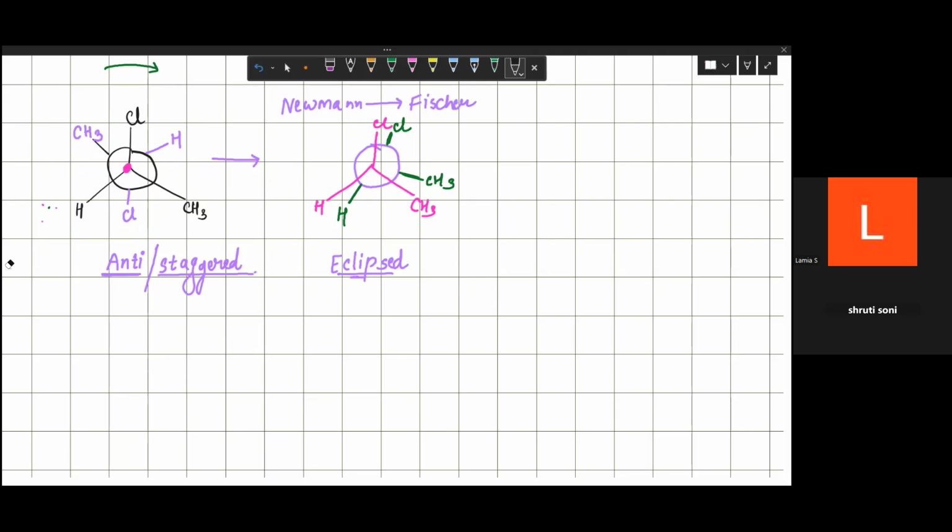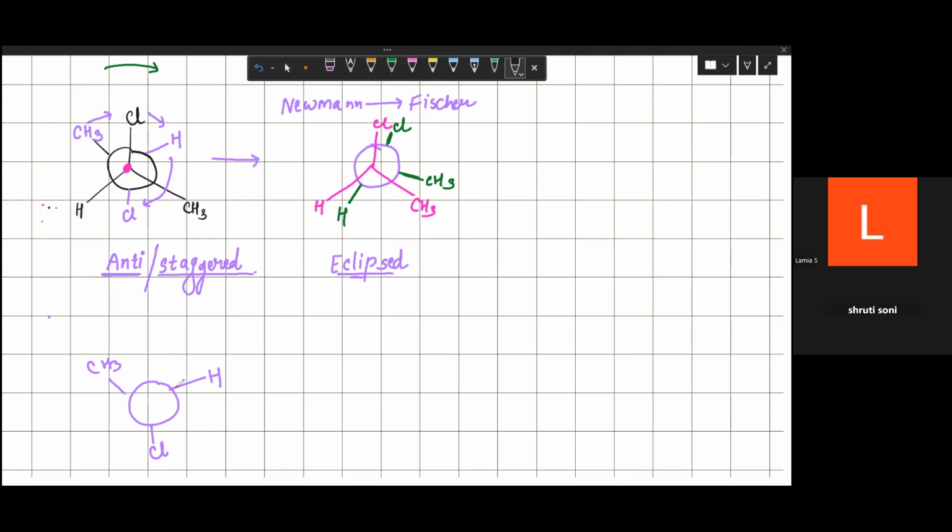Similar side means this is the staggered form. Now I need a rotation in these groups, the back side groups. So this is carbon, here is hydrogen, and here is CH3 and chlorine.